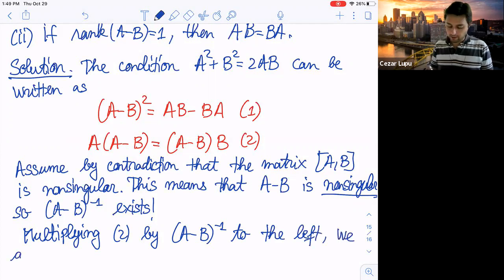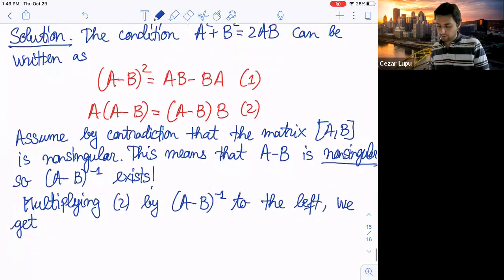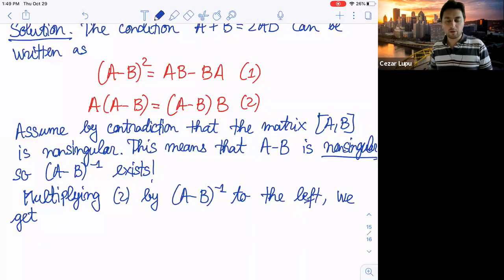And we get the following. We look at relation 2, we multiply by A minus B inverse to the left.